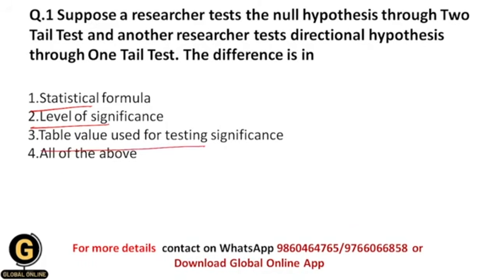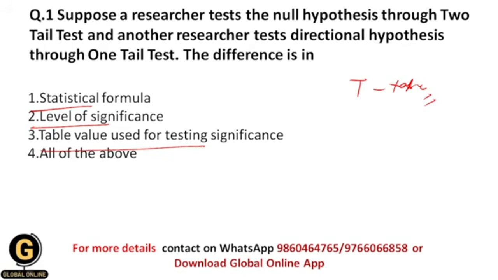All of us know what the table value is. Basically there is a table which is called the T distribution table, and that table is for both two-tailed and one-tailed tests, and the values are different for the two-tailed test and the one-tailed test in the table, and we need to use those values for testing the significance level. All of you getting?